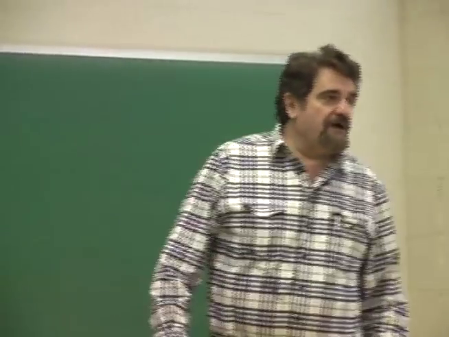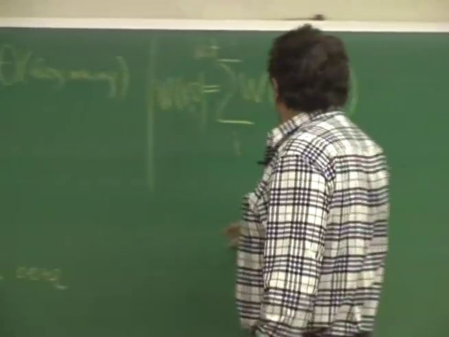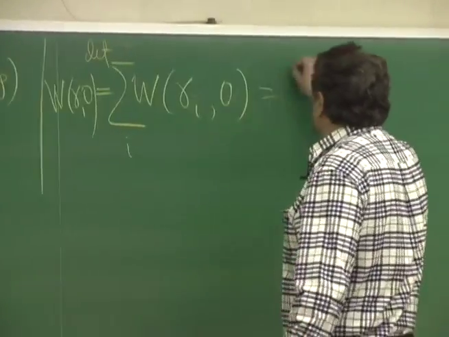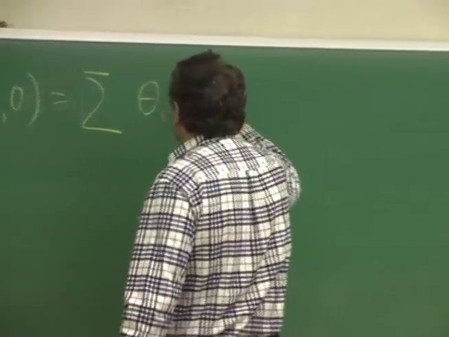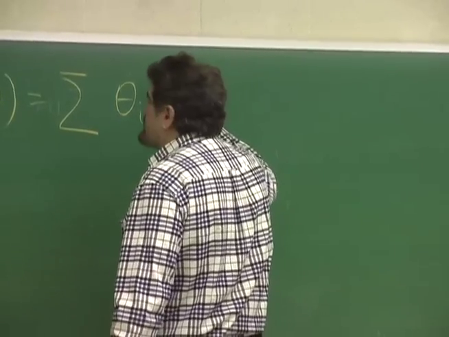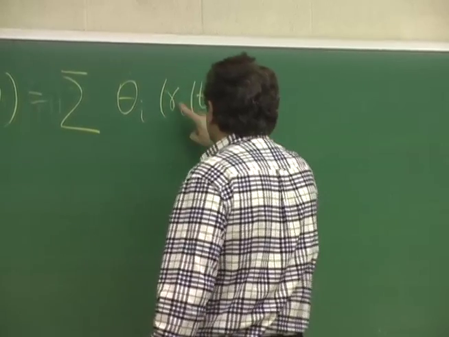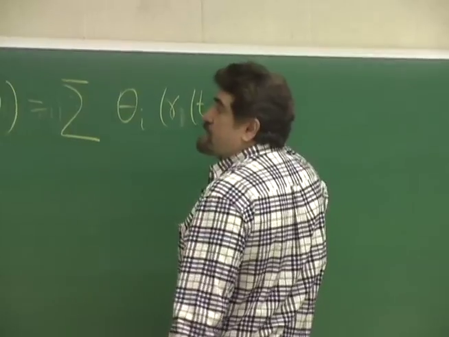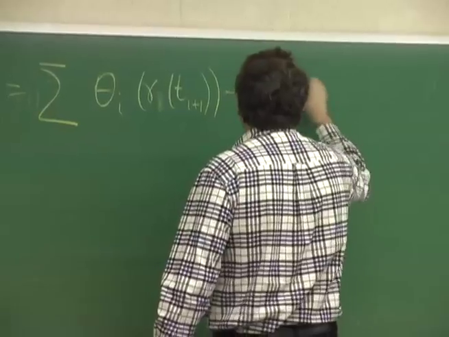And the result does not depend upon how you split the intervals. Let me put it: theta i of gamma i of ti+1 minus theta i of gamma of ti.